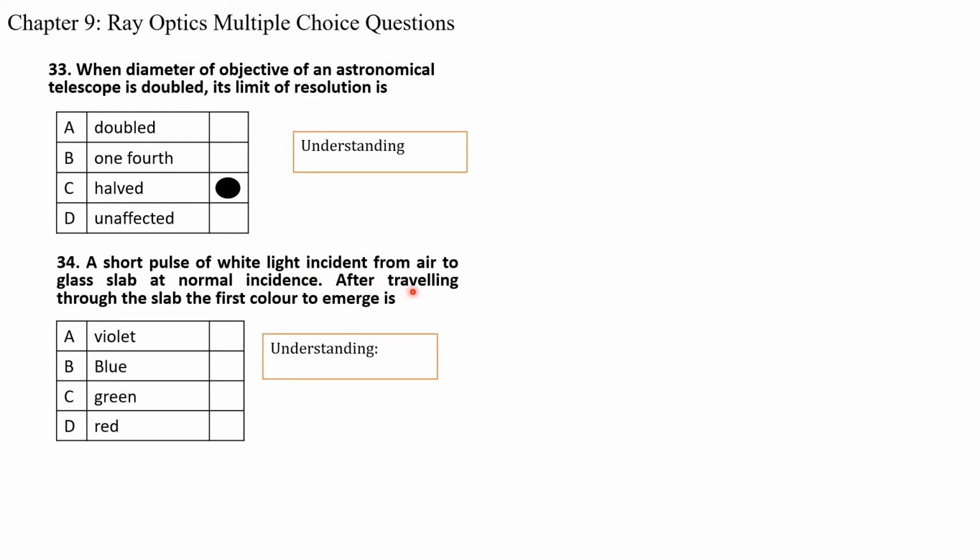After traveling through the slab, the first color to emerge is. We have to know what happens when white light is incident from air to glass, and after coming out of the glass, what will be its color. We should know that the first color to emerge is red. So you also have to remember that.